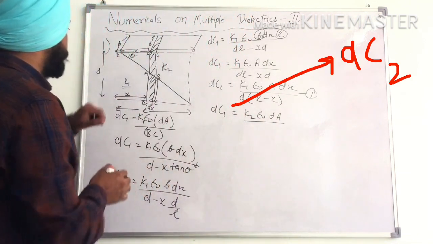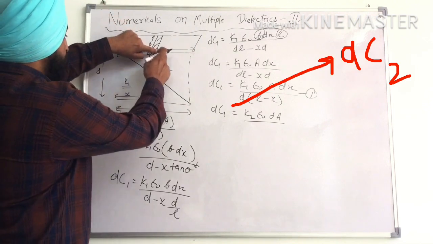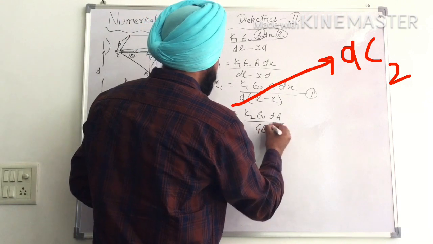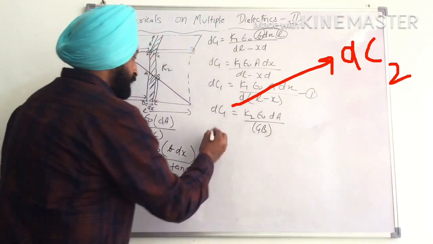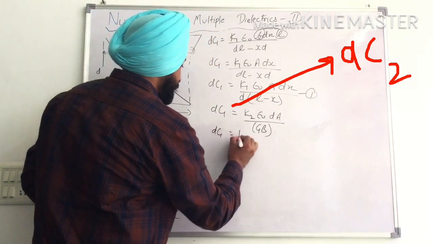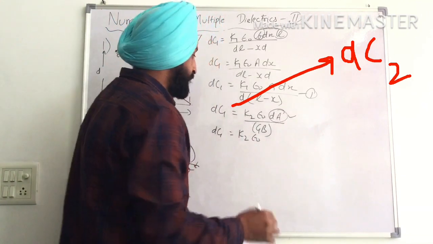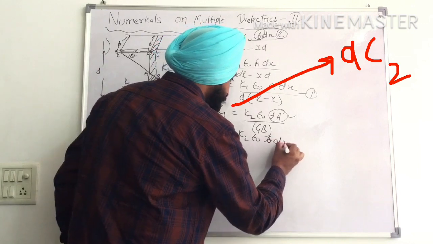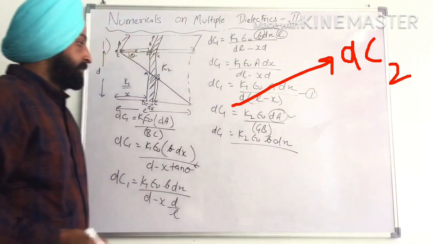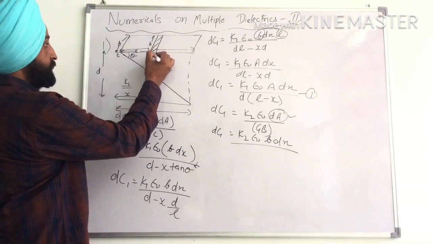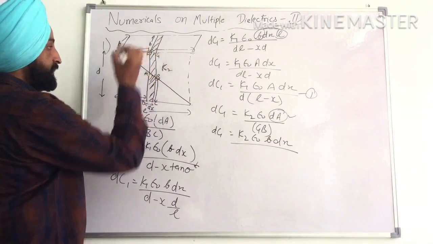Now separation we will be taking it as GB. Similarly, we can replace dA by B dx, it will remain same. B is this, dx is this, so its area will be B into dx.